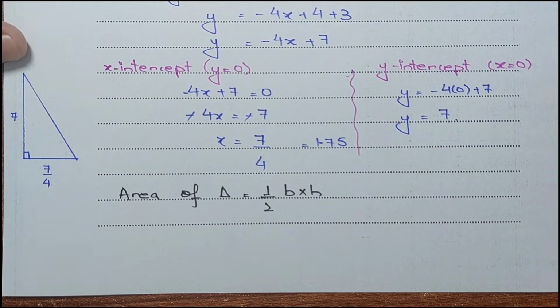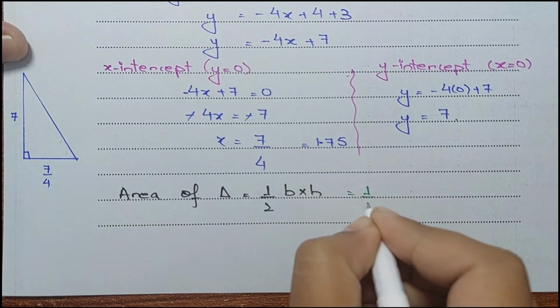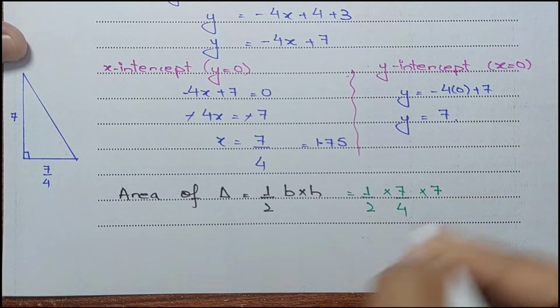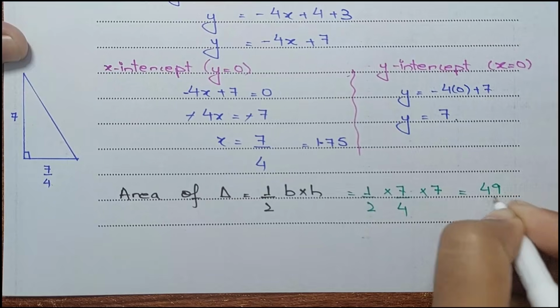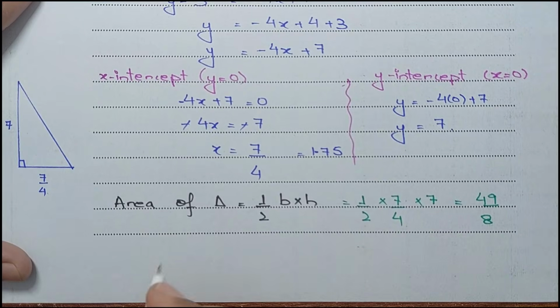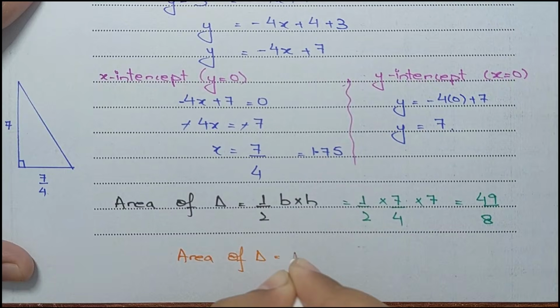Now we have half, the base is 7 by 4 and the height is just 7. 7 times 7 is 49. 2 times 4 is 8. 49 over 8. So this is the area of the triangle, 49 divided by 8.